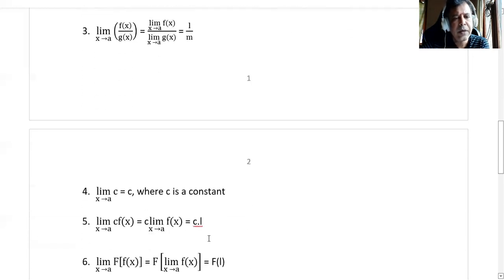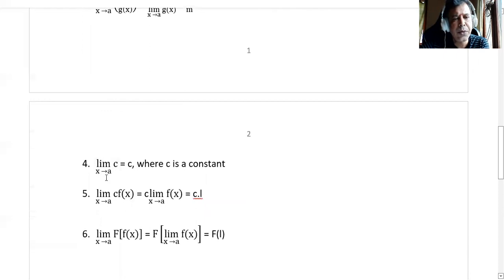Now further, we can also say limit x tends to a, c, where c is a constant, will be c only because there is no x involved in this function.